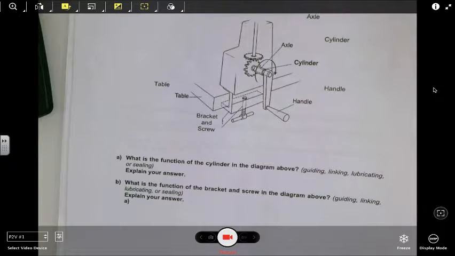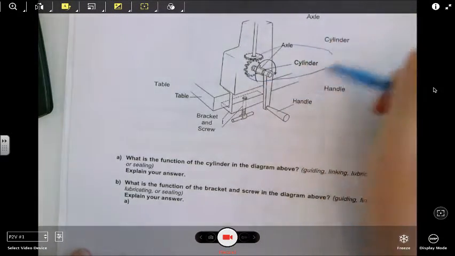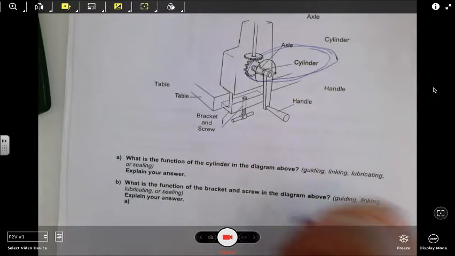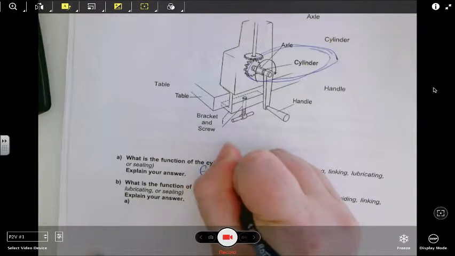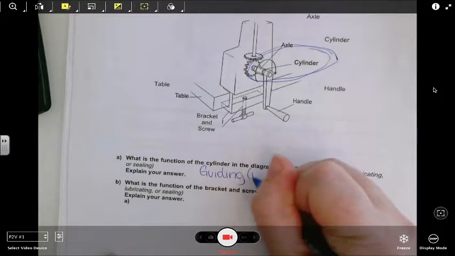We have to be able to explain which one it is. It's talking about this cylinder, and it pointed right in here. The answer for this was guiding, and it's doing a rotational motion.